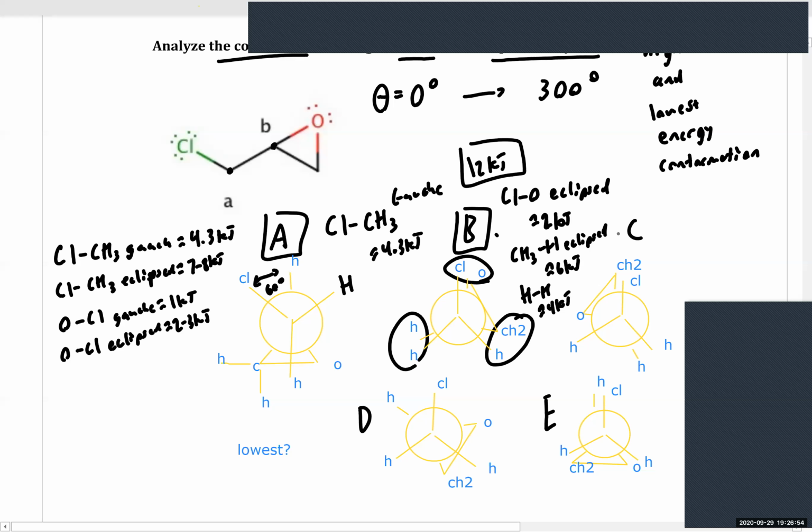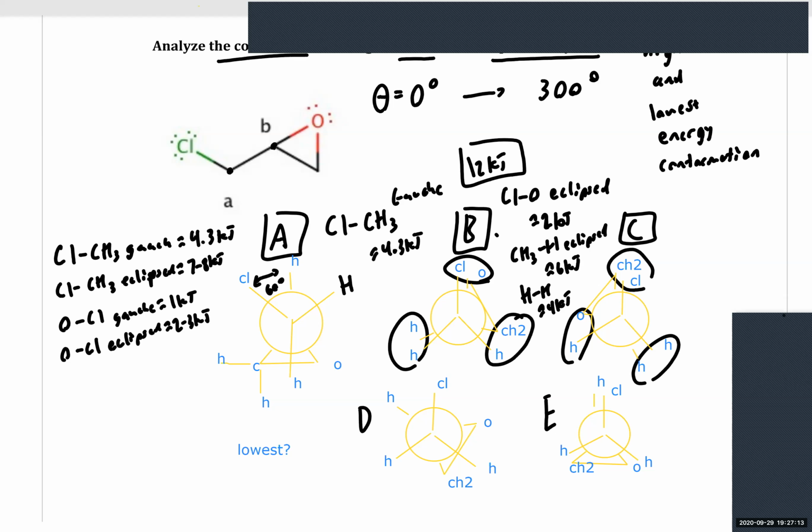For structure C, what interactions do we have here? Let's list them out. We have a CH3Cl eclipsed, so that's about 4.3 kilojoules.